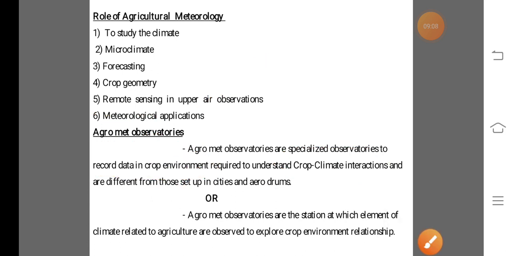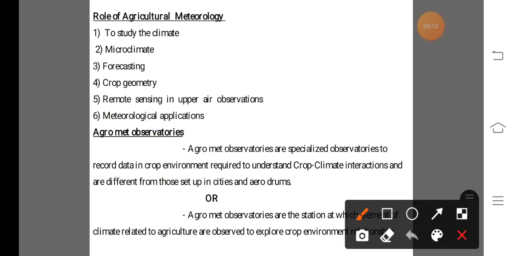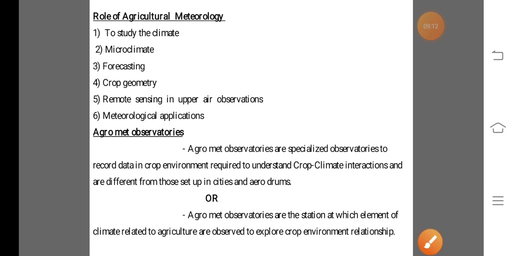In other words, what is meant by Agromet observatory? Agromet observatories are the stations at which elements of climate related to agriculture are observed to explore the crop environment relationship. That means at any station or any observatory, weather elements related to agriculture are recorded, and finally the crop environment relationship is explored.